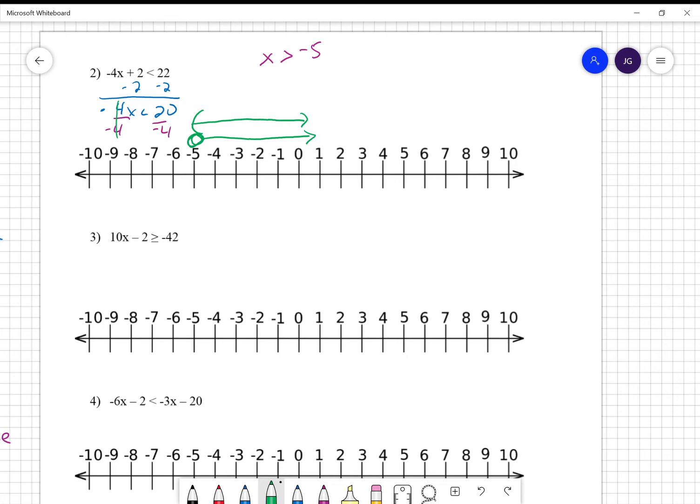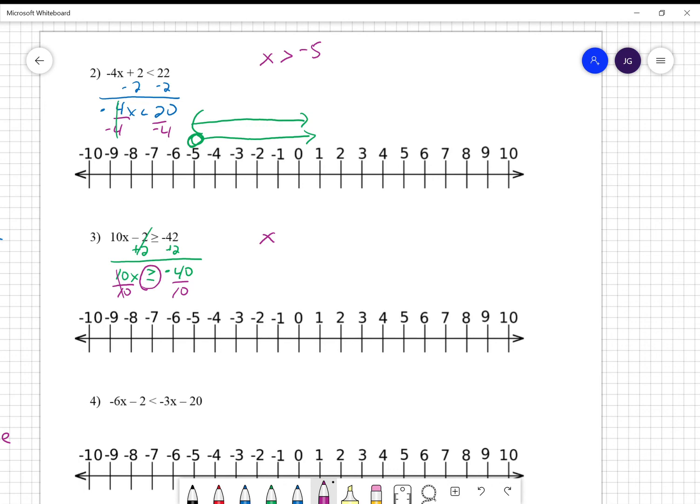Number 3, add 2 to both sides to get x by itself. I get 10x, the 2 cancels, is greater than or equal to -40. Divide both sides by 10. 10's cancel, I get x. I do not switch the inequality because I divided by 10.